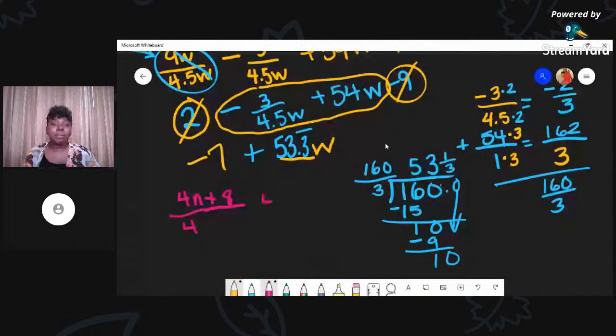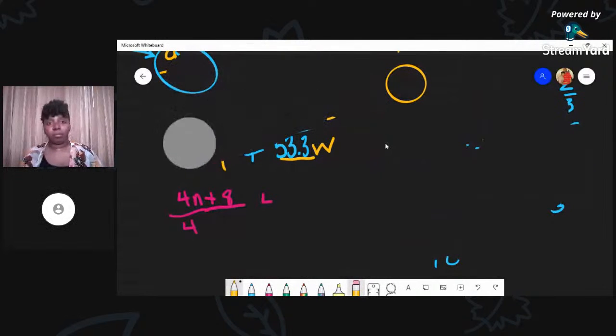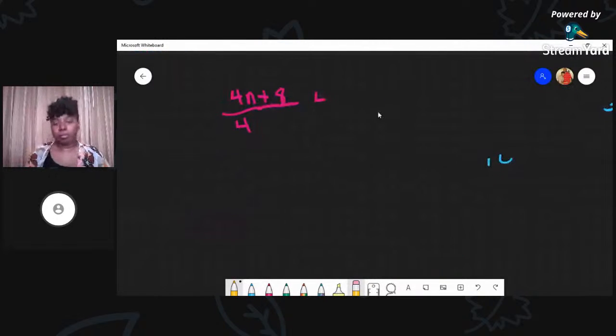Tell me, how would I separate this fraction? You would separate the 4n and the 8. So you would have 4n over 4 plus 8 over 4.